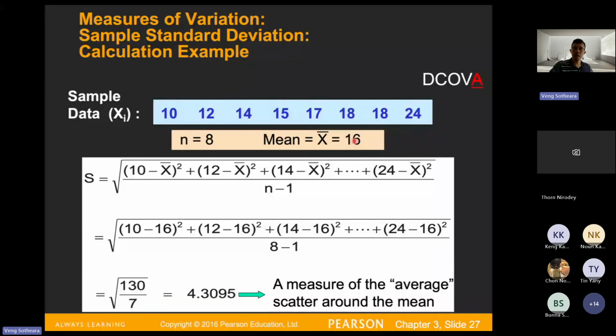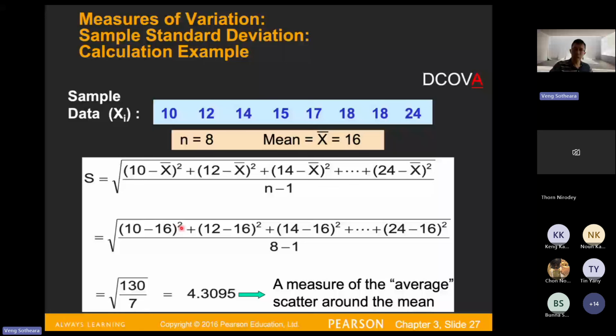Then you subtract the mean from those values: 10 minus 16, 12 minus 16, 14 minus 16, and lastly 24 minus 16. Since the mean is some value in the middle, some of the differences may be negative, but that's why we square them to get rid of the negative sign, and then carry out the average.